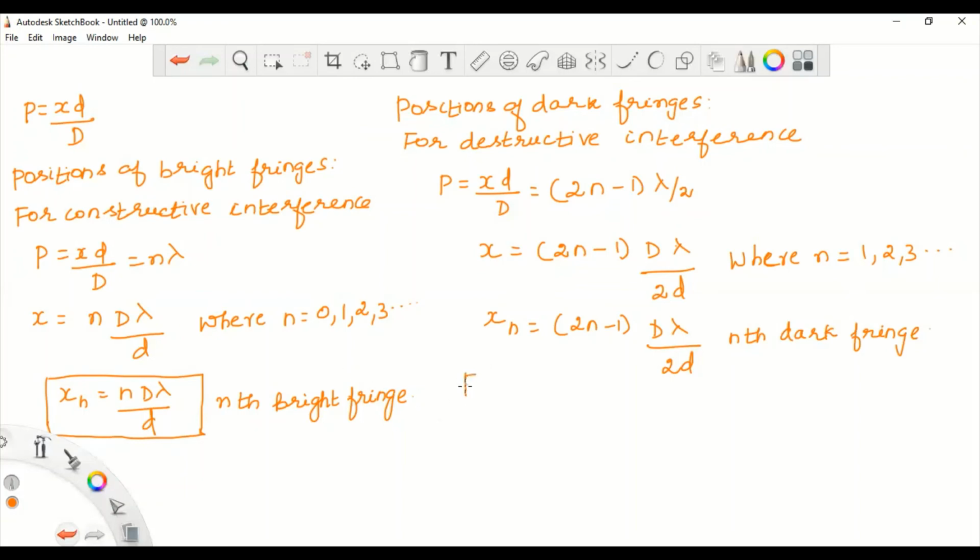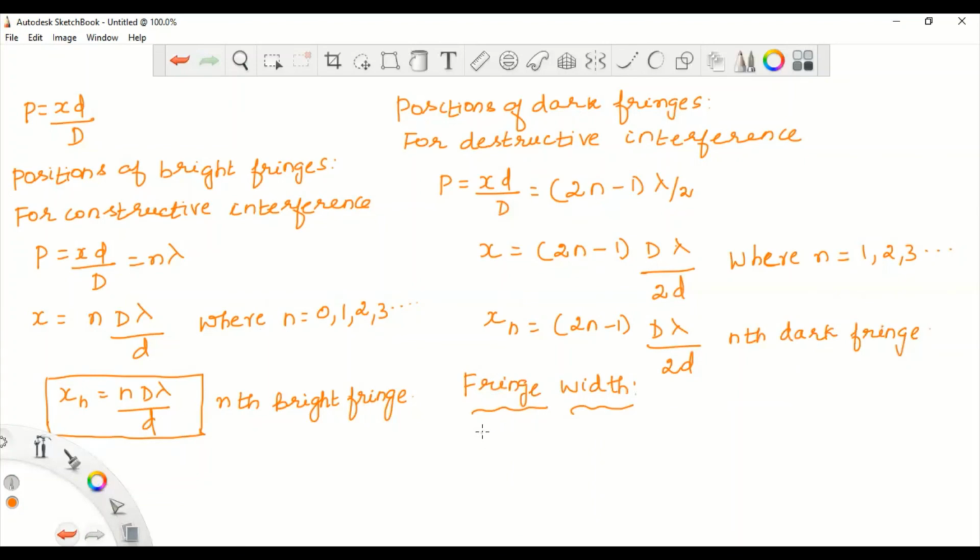Fringe width is nothing but the separation between two successive bright or dark fringes. So, how will you find that? You can find it either for constructive interference or for destructive interference. Let us find this fringe width beta for constructive interference.